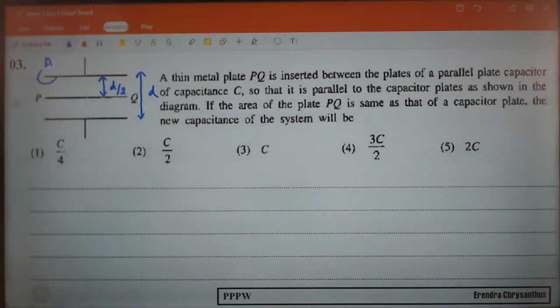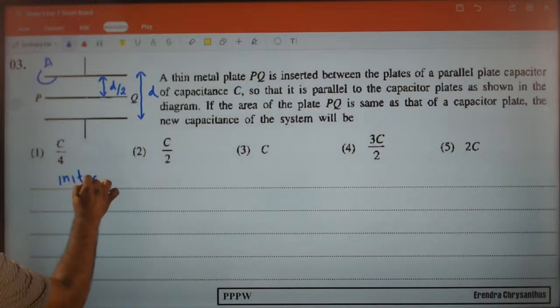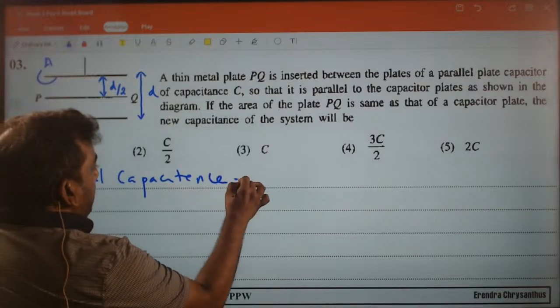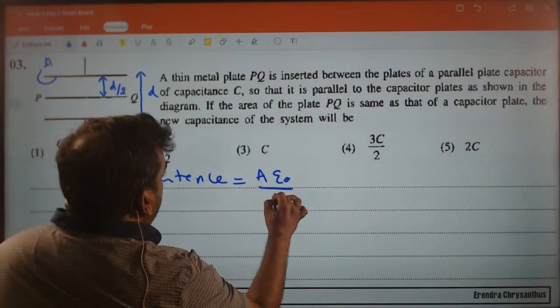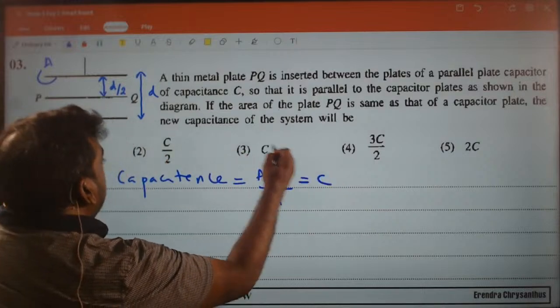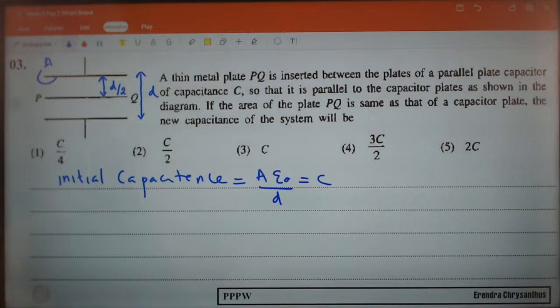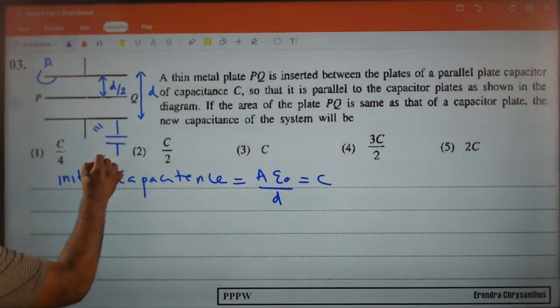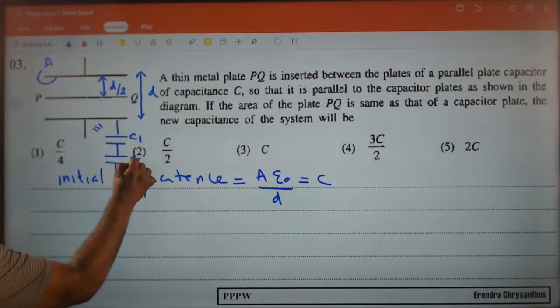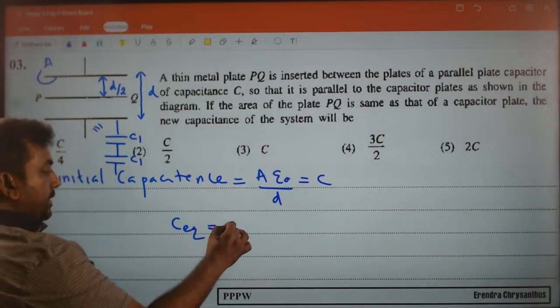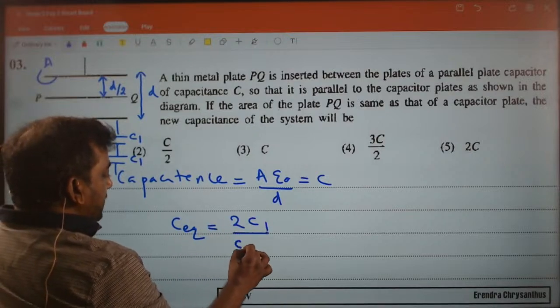So earlier, initial capacitance is Aε₀/d. Now how many capacitors are there? 2 capacitors in series. This is similar to 2 capacitors connected in series. Capacitors in series are like parallel resistors. Multiply both the capacitors, divide by the addition.